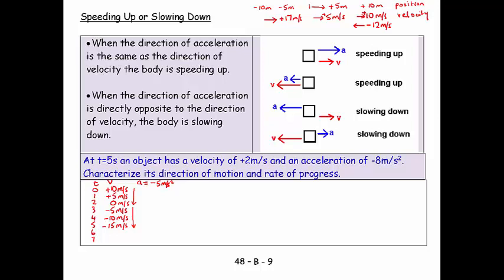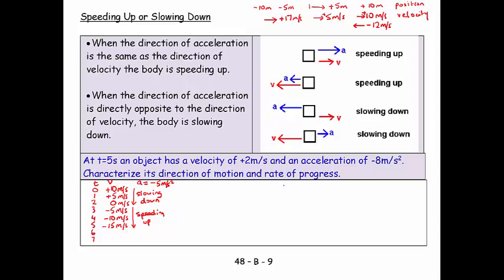So you can't use this idea that the acceleration sign tells you whether you're speeding up or slowing down, because with the same acceleration I am slowing here, but speeding up here. So it's more complicated.